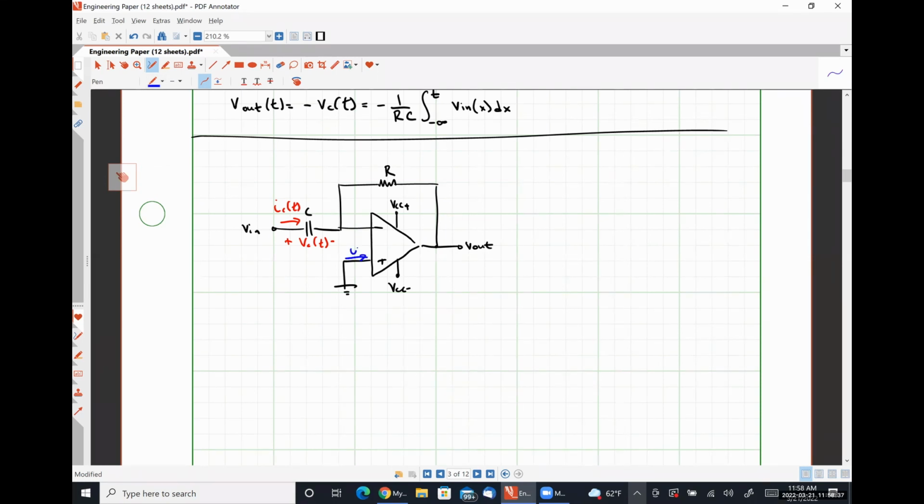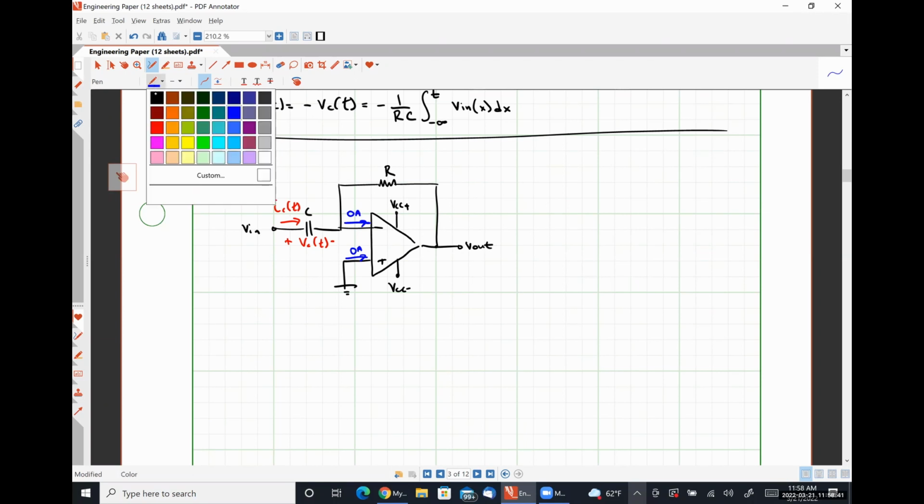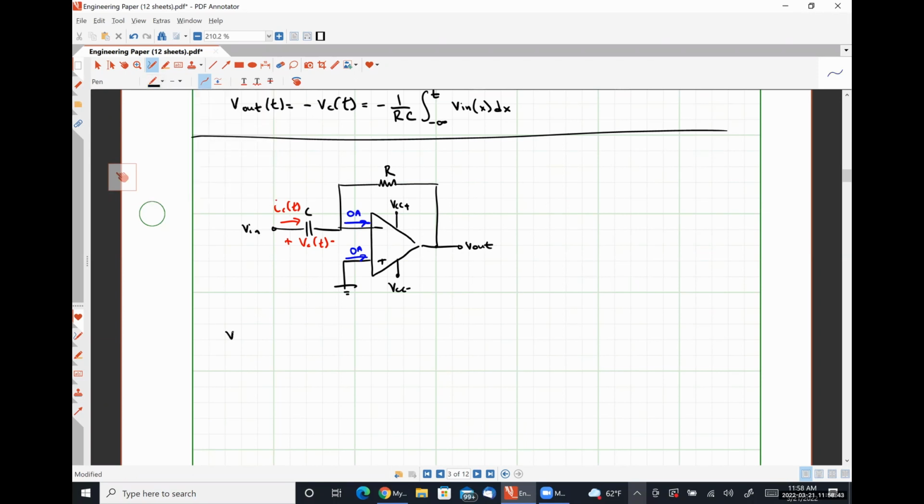So we know that this current is 0 amps. We know that this current is 0 amps. And from this, V plus is 0 and V minus must also be 0.